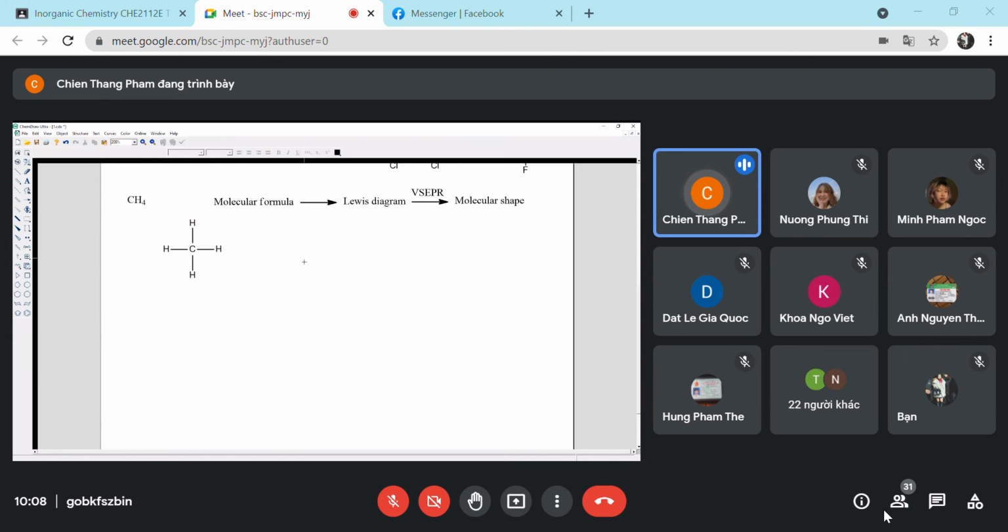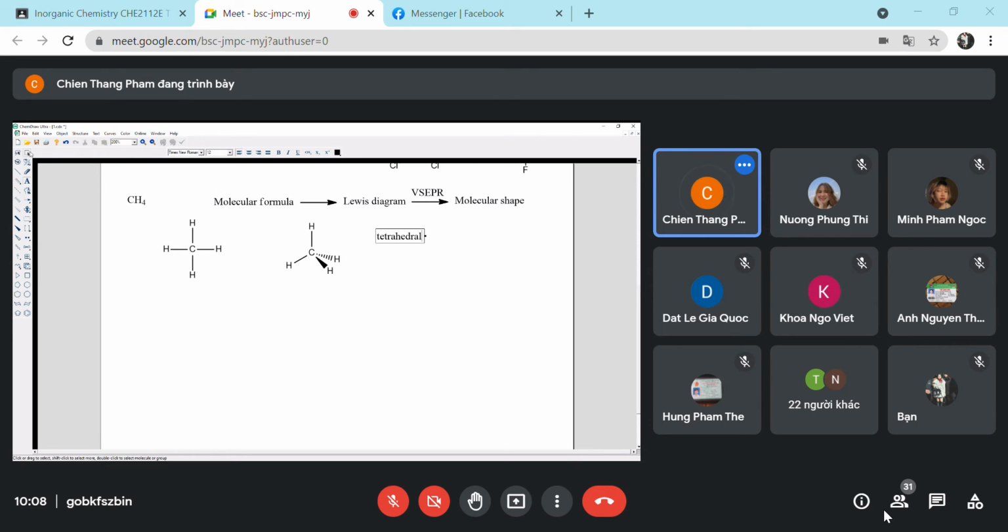Please remember the basic shape for 4 pairs: this one is tetrahedron. And the others are hydrogen, hydrogen, hydrogen, and hydrogen. So the molecular shape of CH4 is tetrahedron.